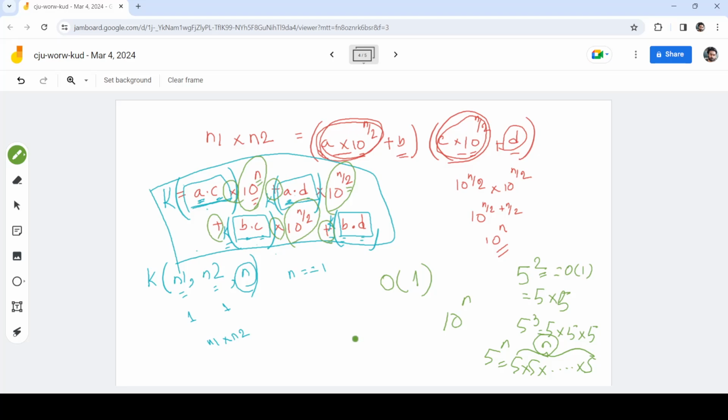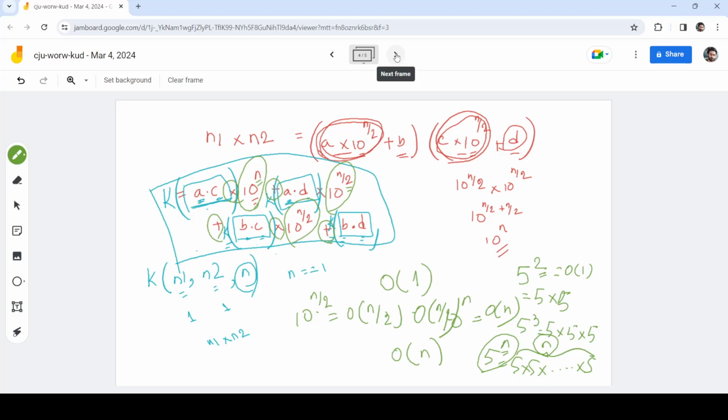Therefore, the time complexity of finding 5 to the power n is big O of n, because we have to multiply n number of 5s. It's dependent on n. Therefore, 10 to the power n is nothing but big O of n. 10 to the power n/2 is nothing but big O of n/2, which is big O of n.